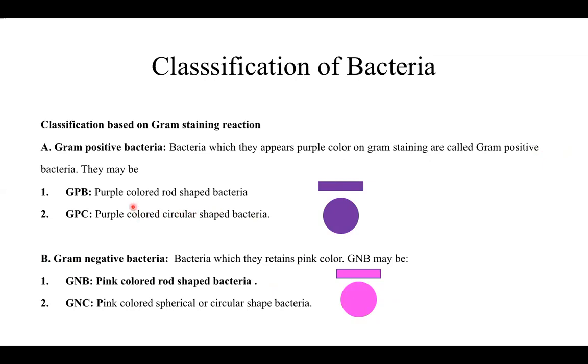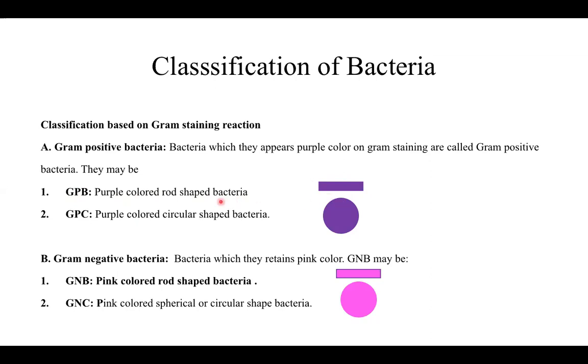Now, the Gram positive bacteria are further classified on the basis of their shape. Bacteria which have rod shaped structures and appear in purple color are known as Gram positive bacilli.